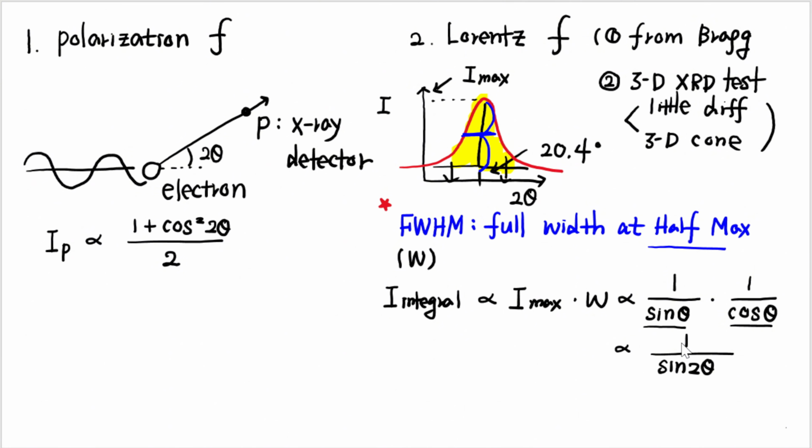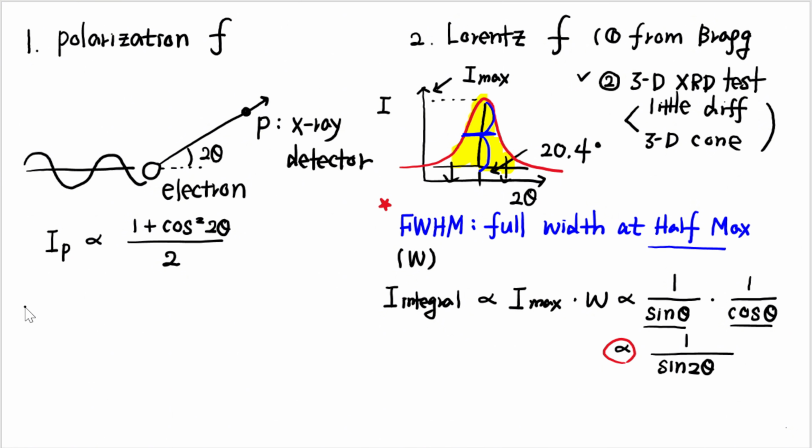Professor, where is the 2? I just give some equation like this with a proportional symbol instead of equal. This is the point. So this is all finished, and then we move on to three-dimensional X-ray testing.